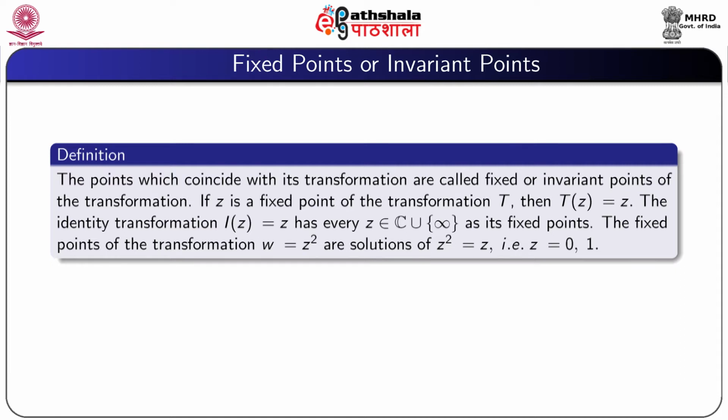The identity transformation I(z) = z has every z in the extended complex plane as its fixed points. The fixed points of the transformation w = z² are solutions of z² = z, that is z = 0 and 1.